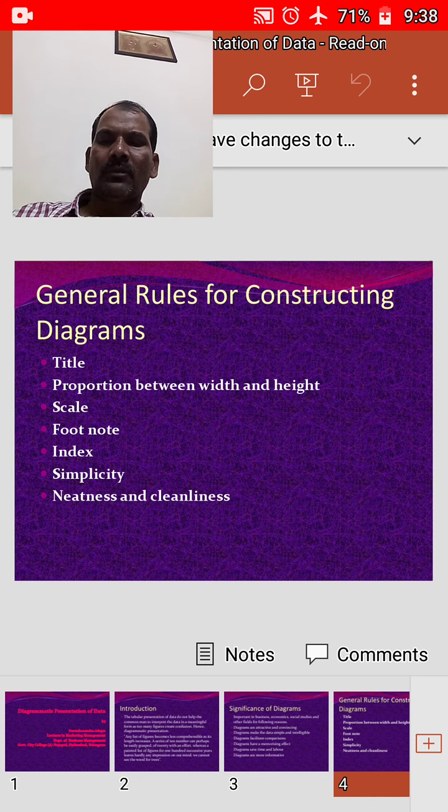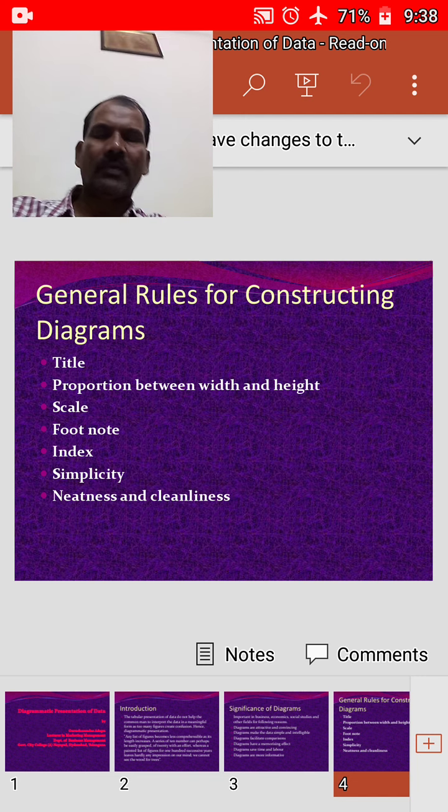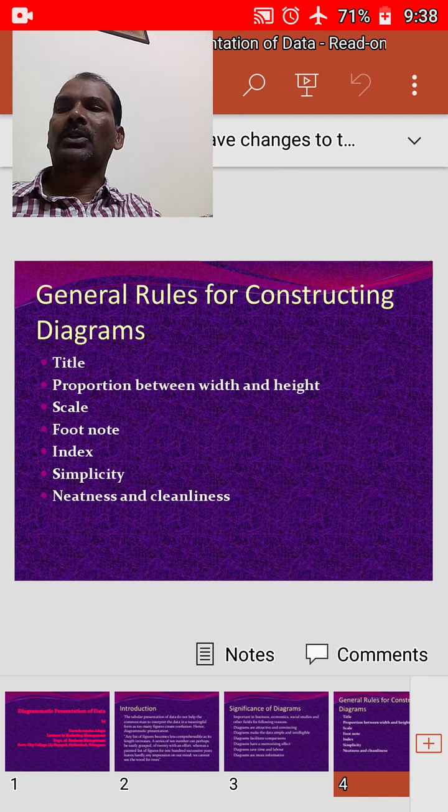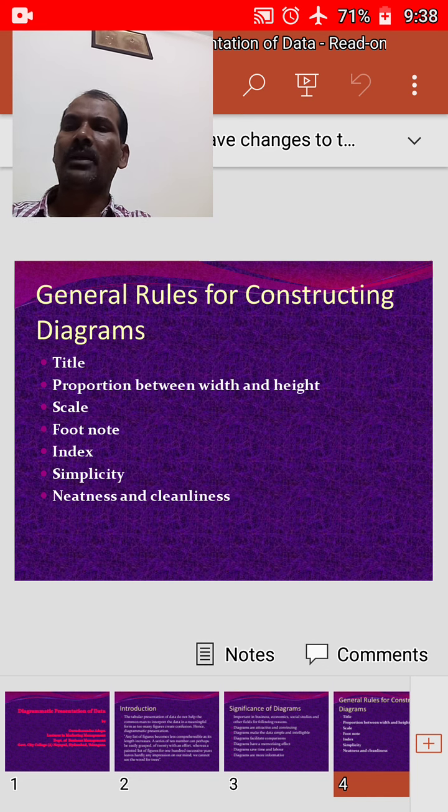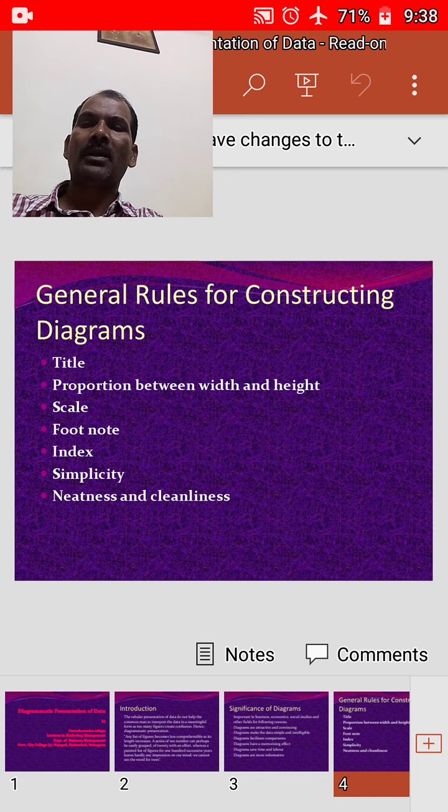Proportion between width and height. A reasonable proportion between the width and height of a diagram should be maintained. If proper proportion between width and height is not maintained, the diagram would display a shabby picture, which would defeat the very purpose of visual presentation of data.